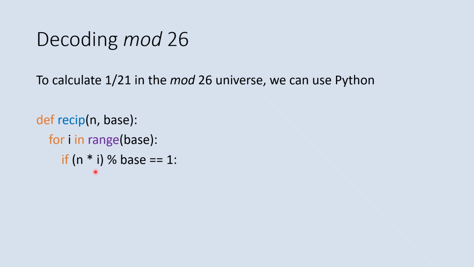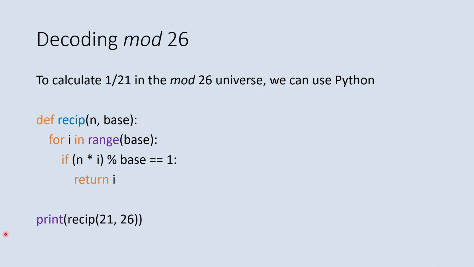But if n times i and then mod that base is 1, then we will just return that value. Because it turns out that if there is a reciprocal, if there is a number that you can multiply by 21 in order to get 1, then there will be only one of that number. So we won't have multiple multiplicative inverses here.